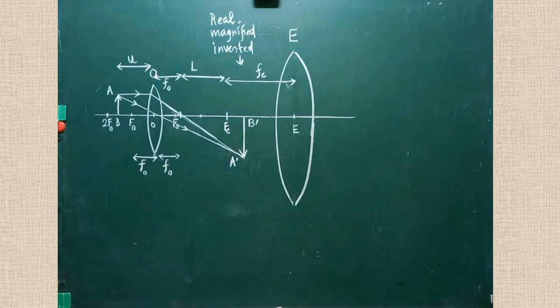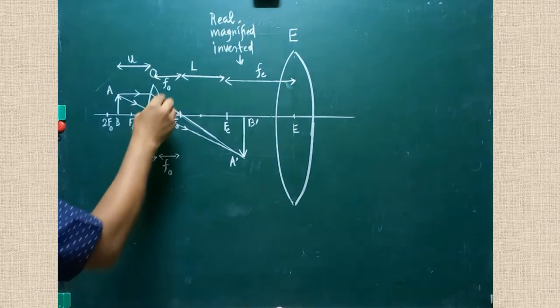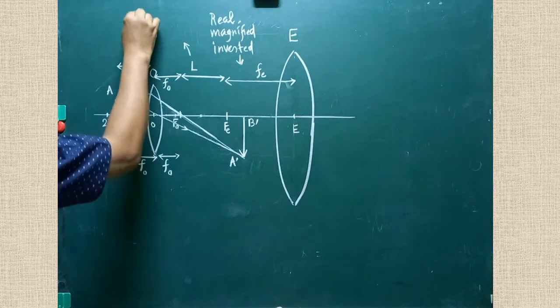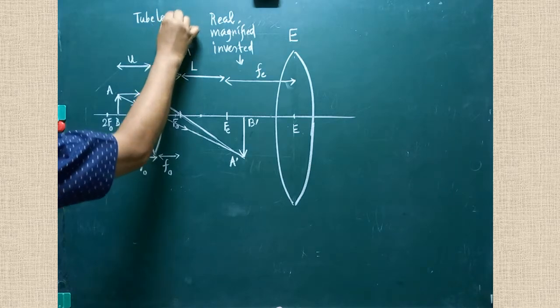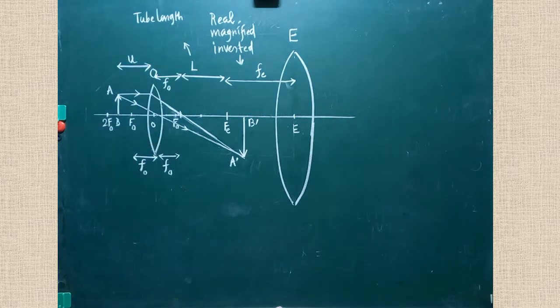You should know what L is. That L is measured between the focal point of the eyepiece and the focal point of the objective. This L is called tube length. Are you clear? Okay.